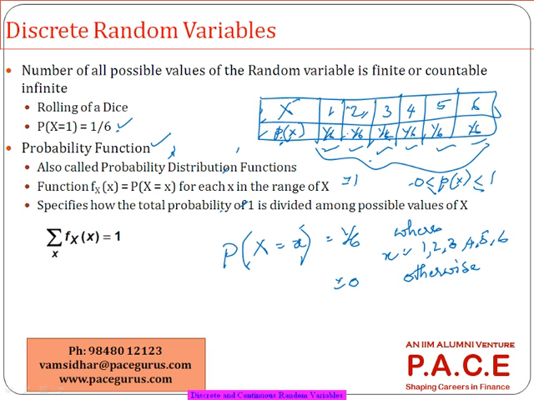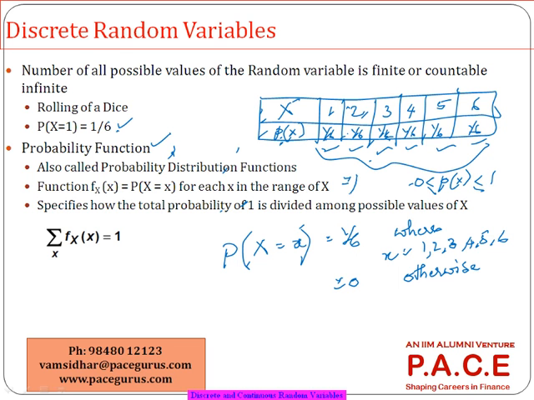So the outcomes all should be mutually exclusive outcomes and their corresponding probabilities. I have to represent these two things. The two important properties that are very much needed are that each individual probability should lie between 0 and 1, and the sum of all the probabilities should be equal to 1.